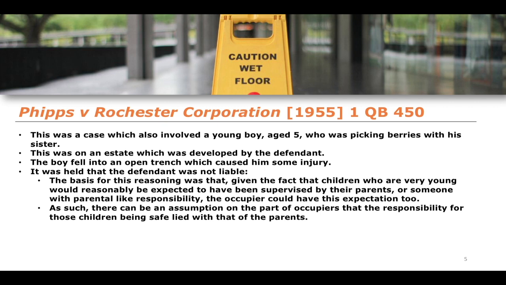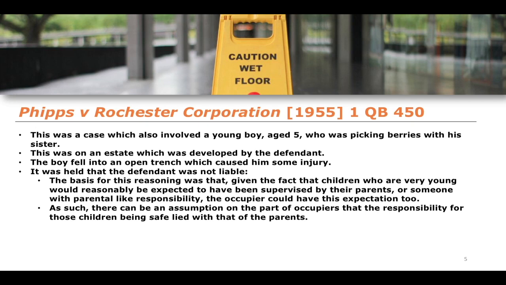This would make sense, but not just children who are age 5 who are not being supervised at all. And you can understand why this case illustrates this point, and why this point is essentially enshrined in the case law. Because if we take some theoretical and hypothetical thought experiments, pretty much any place would be a dangerous place for a child aged 5 to walk around on their own.